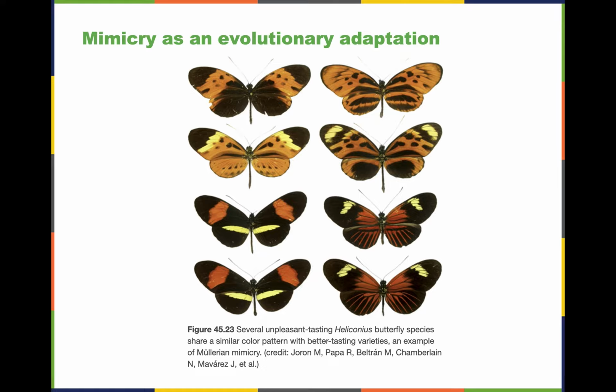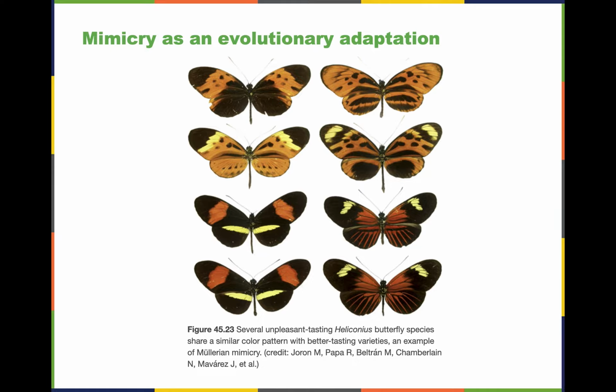Now, another clever adaptation is mimicry. So basically, organisms that, if they are eaten, kill the predator or really make them sick or give them a really bad taste, have specific colorations and patterns.